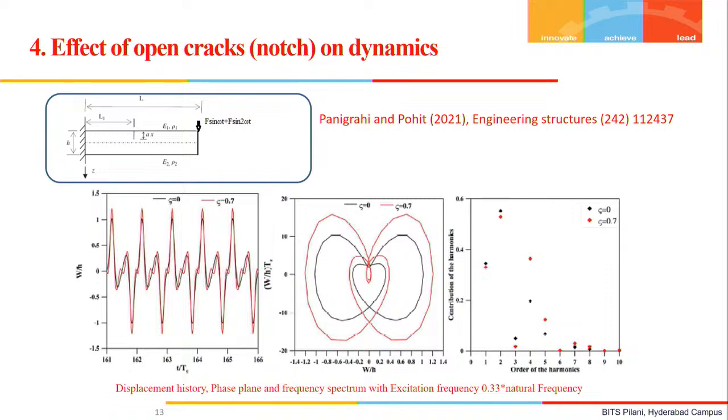We found the response of the intact beam in black and the cracked beam, with crack depth ratio 0.7, in red.